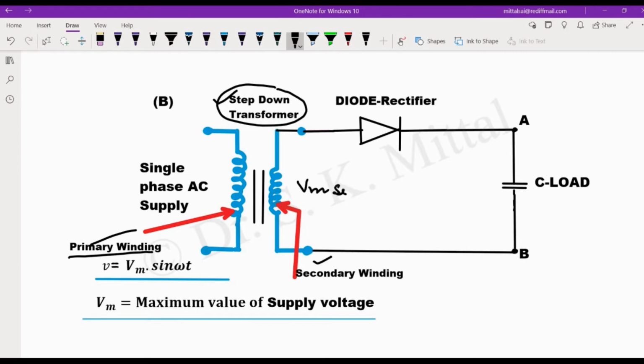At the secondary winding, the supply voltage is represented by Vm sin omega t, where Vm is the maximum value of the supply voltage. This is the rectifier, meaning diode, and between terminals A and B, the capacitive load is connected. So these are the two types of circuit diagram in the case of a half-wave rectifier.